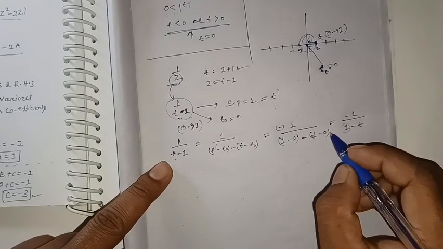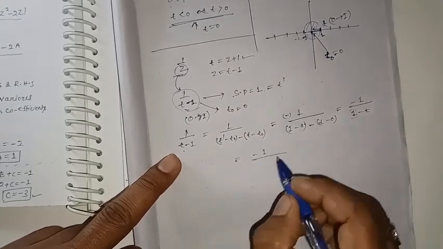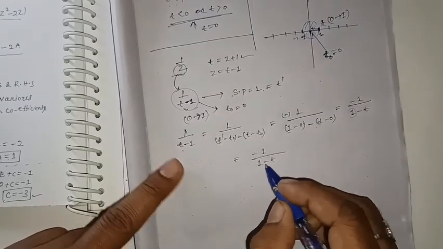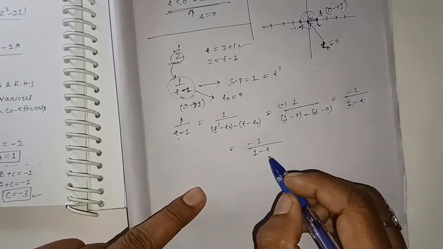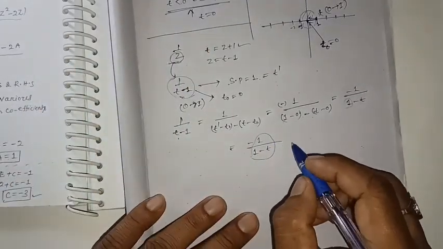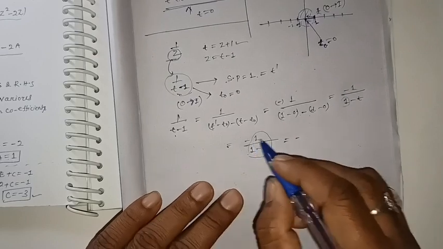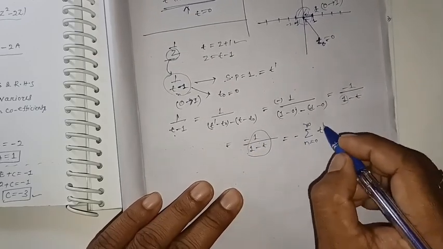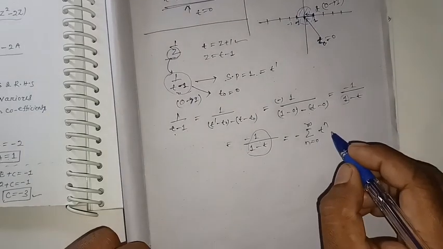The first term will be taken outside, and we get the same 1 minus 1 by 1 minus t. Here the 1 by 1 minus t series will be nothing but, with the minus already there, the summation n equal to 0 to infinity t to the power n. Got it? So we found t to the power n.